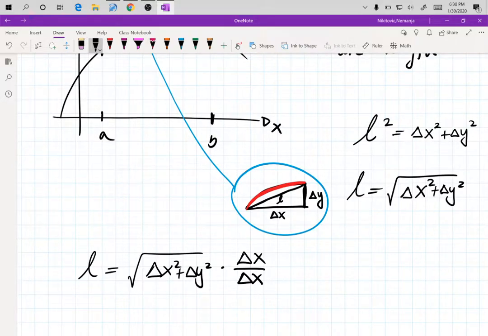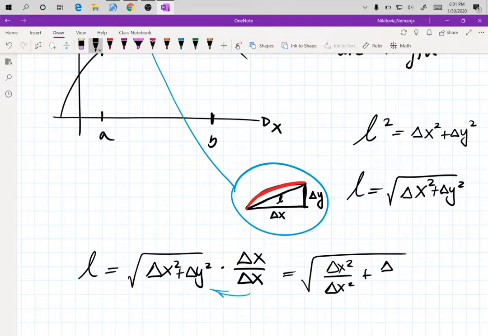So we multiply by delta x over delta x, and we take the delta x that is on the bottom and we shove it under the square root. It will pick up a square, because when you stuff something under the square root, it picks up a square. If you are kicking it out of the square root, it loses a square. So this next step will be delta x squared divided by delta x squared plus delta y squared divided by delta x squared, and then you still have times delta x on the outside. This was just algebraic manipulation.